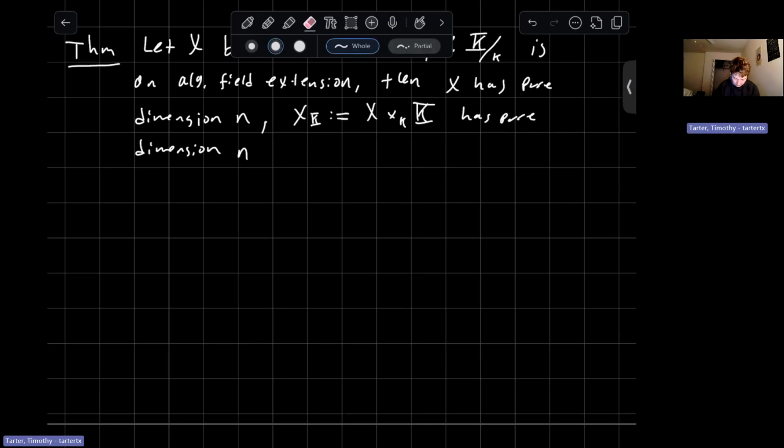And actually, this is an if and only if: X has pure dimension n if and only if X_K has pure dimension n.